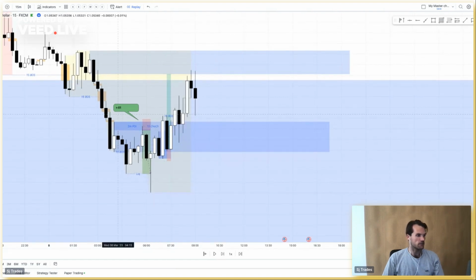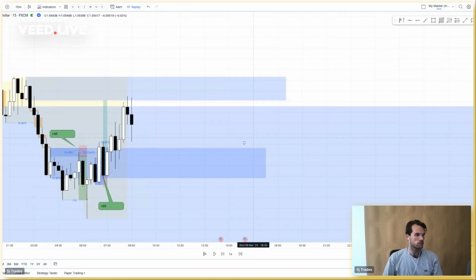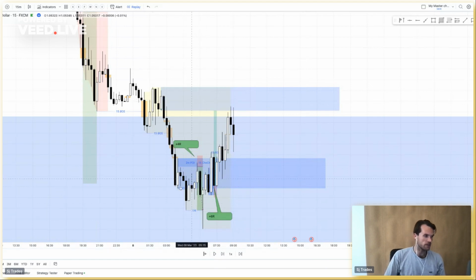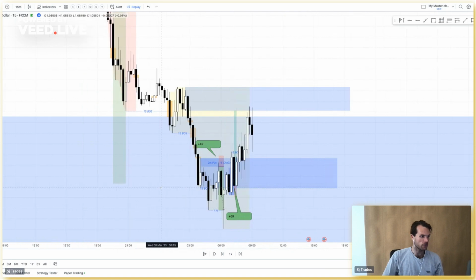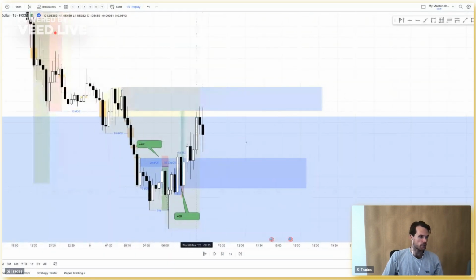Would have been a nice 6R. Perfect reversal, I guess. You've got to look into the 4-hour POI, taking the last 4-hour low, and we've got our choch, liquidity sweep, our entry.